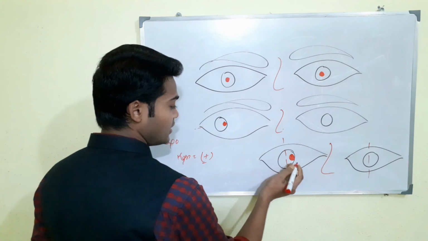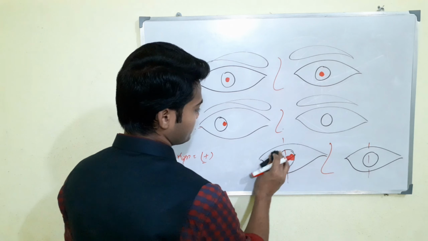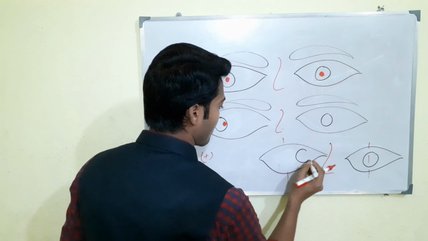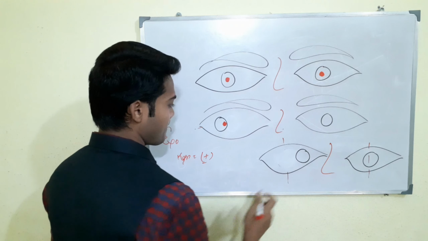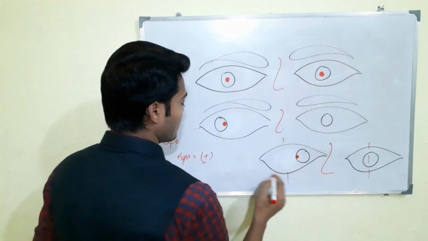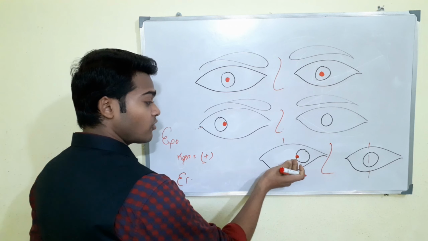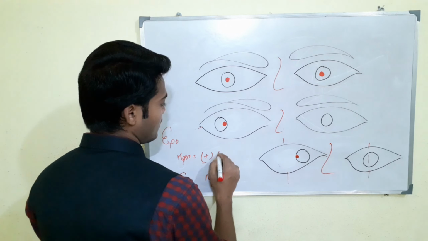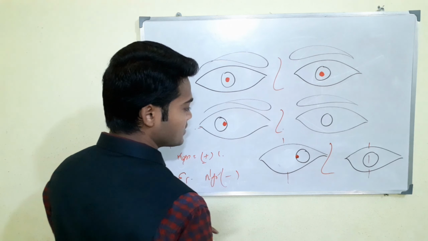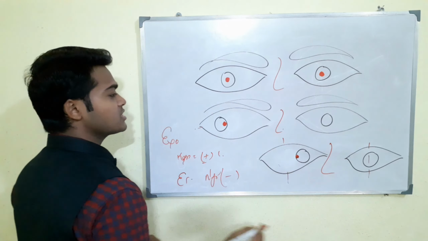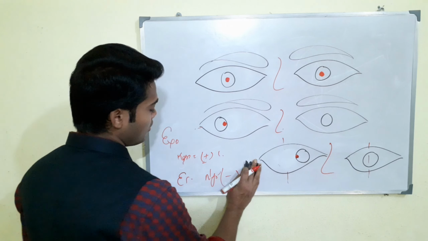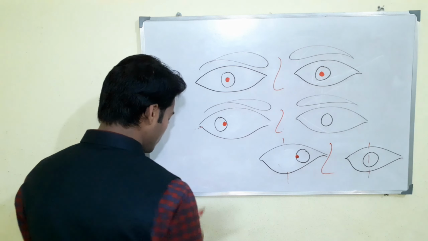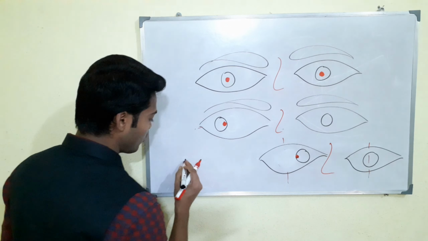And if this is eso, I will change it. If the case is eso, the light falls on the temporal side, which means negative. I am giving you this assumption so you can remember all these values for the long term.